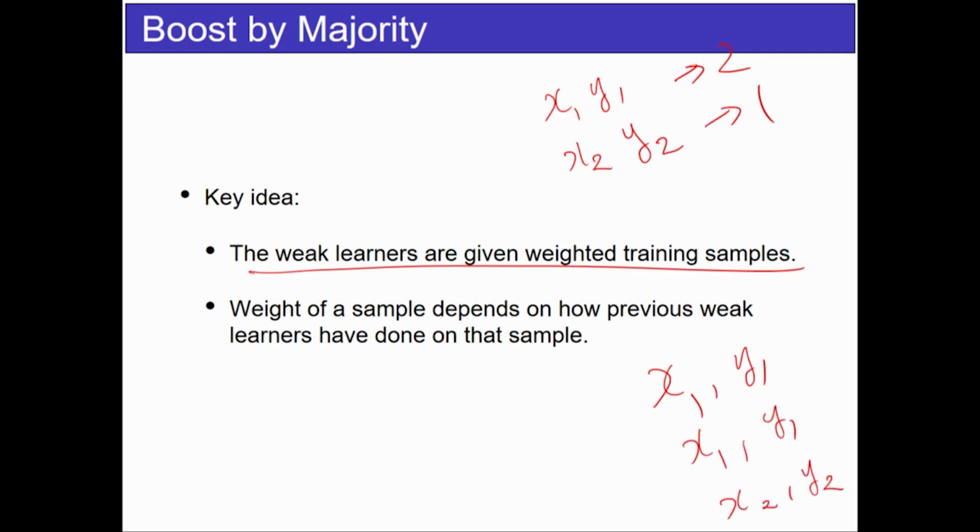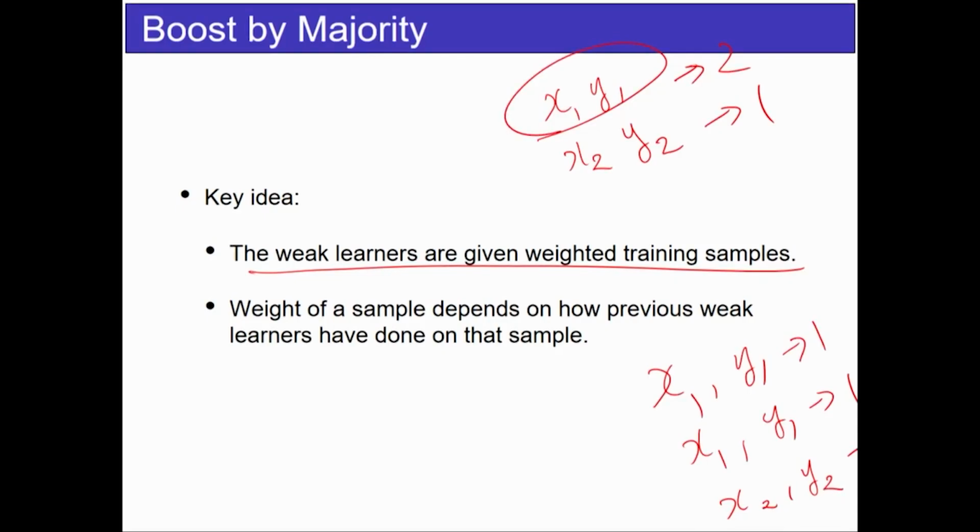I've repeated x1, y1, so now everything has equal weight of 1. So I can simulate weighted training data by unweighted training data just by repeating things. But it makes life simpler if you view weights directly. So now the first sample can be more important than the second sample. That's the first idea.